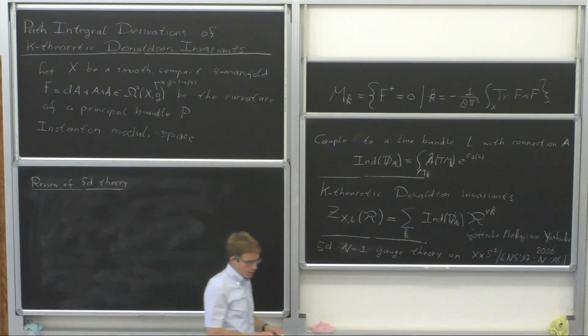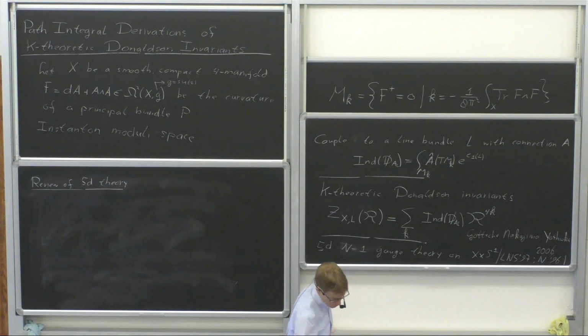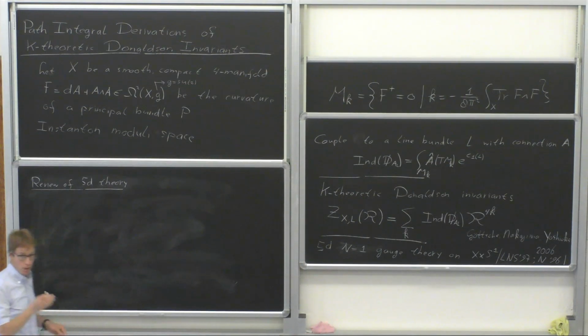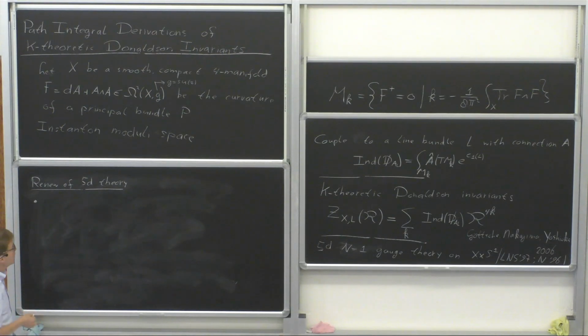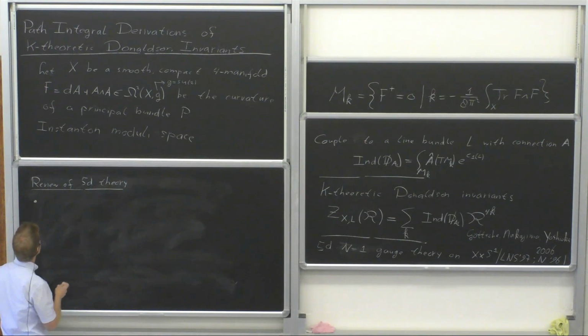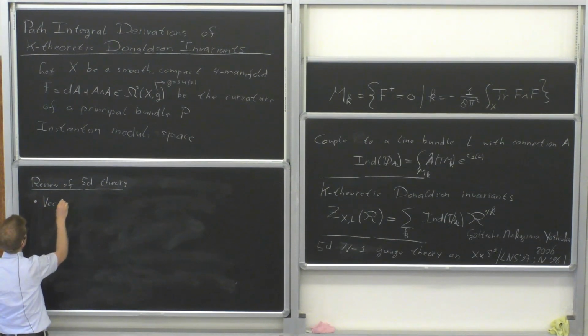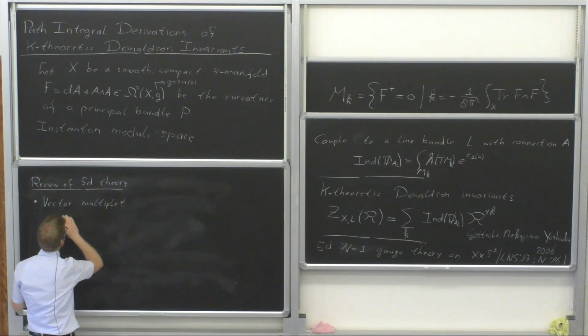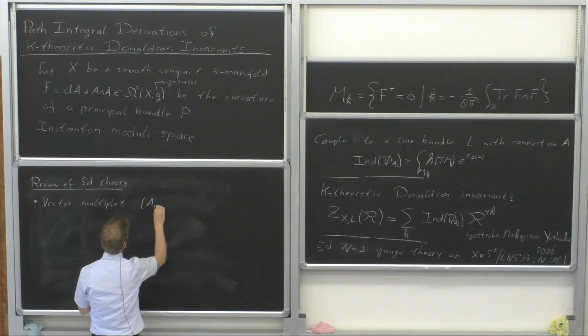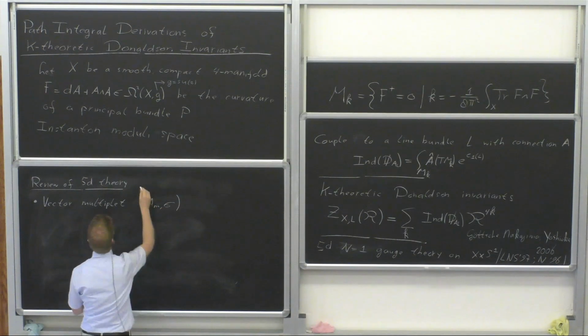And this is actually precisely the theory Fabrizio Del Monte was discussing on Monday, which you can geometrically engineer by using a local Calabi-Yau manifold with P1 times P1 as the compact surface. So we have a vector multiplet consisting of the gauge potential, the 5-dimensional gauge potential A_M, and a real scalar field sigma.